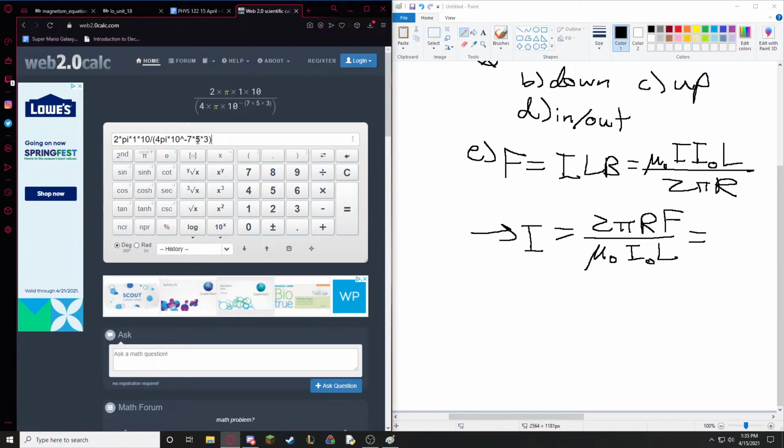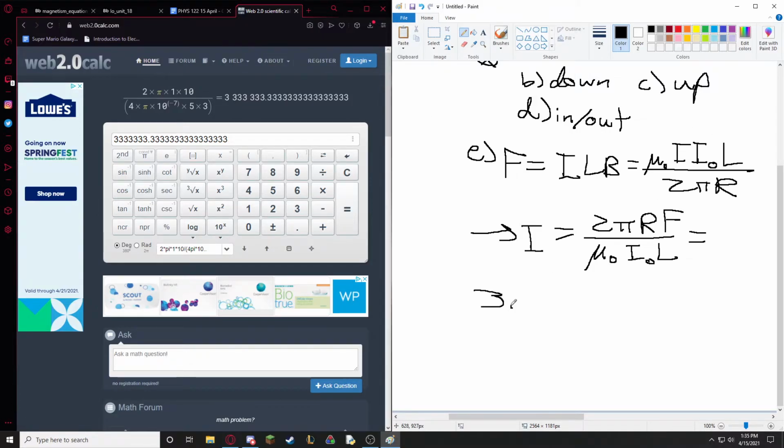And we get a current flowing in the upper wire of about 3.3 times 10 to the 6, so 3.3 mega amps, which is really strong current.